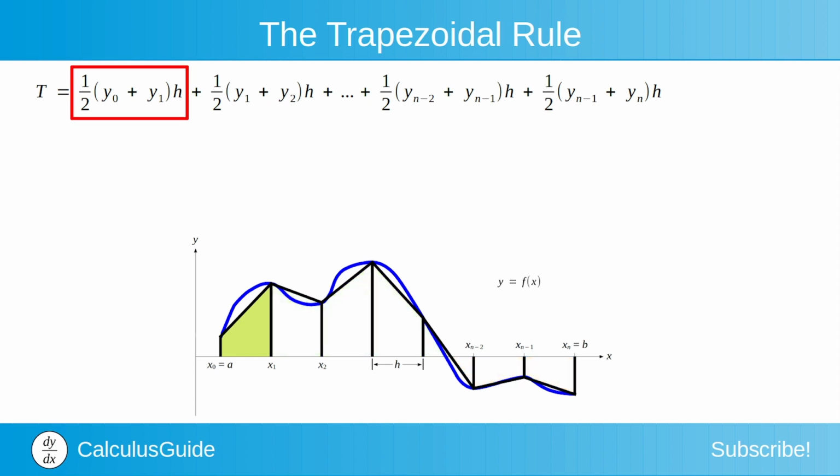The expression now highlighted is equal to the net area of the trapezoid, which is on the subinterval from x0 to x1.